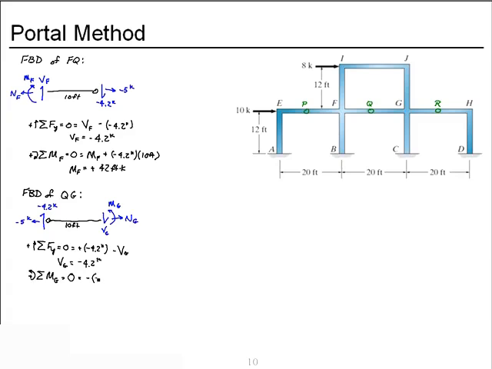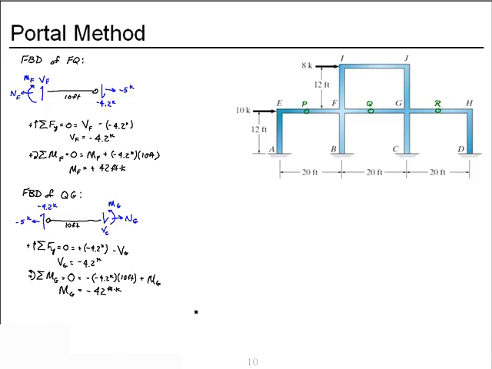We get a negative contribution of the negative 4.2 kips acting through 10 feet, and a positive unknown moment at G. Moment at G is negative 42 foot-kips, not the direction it was drawn.